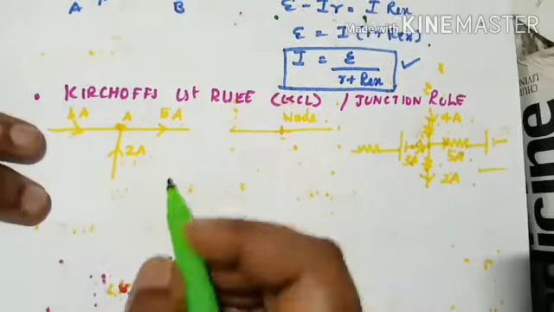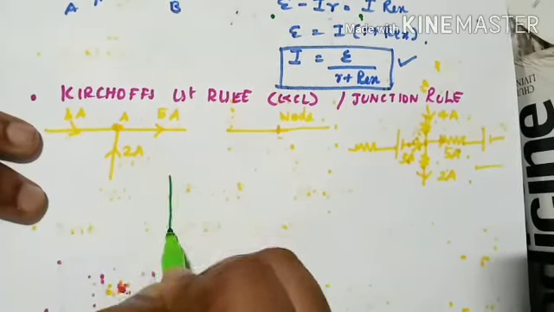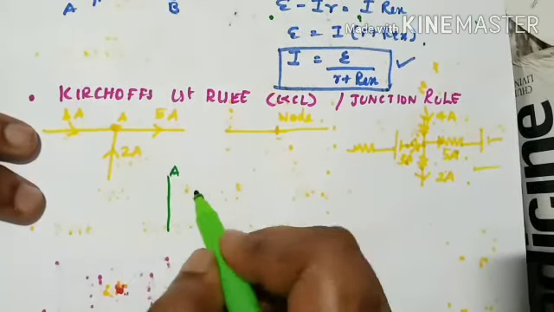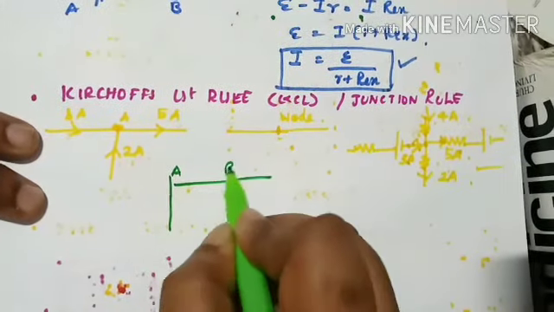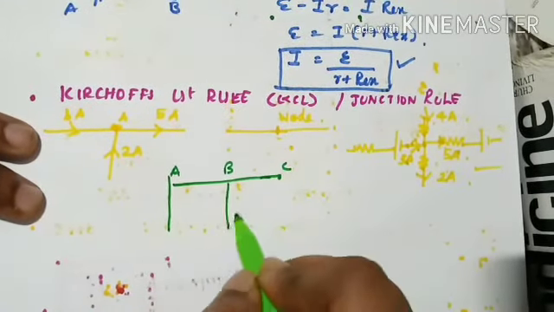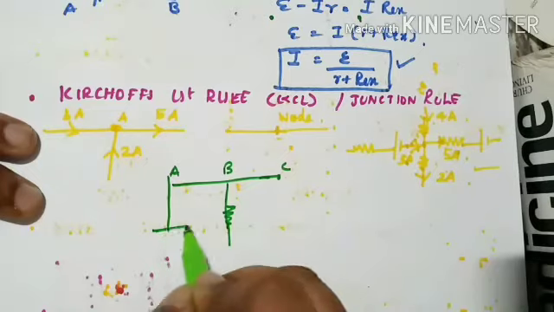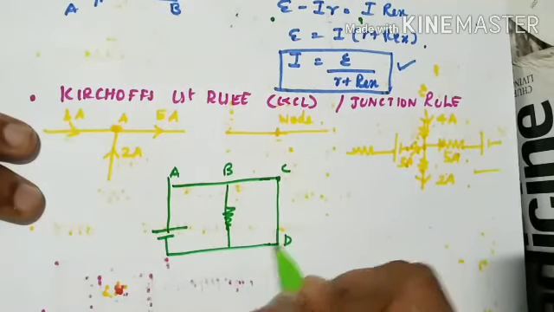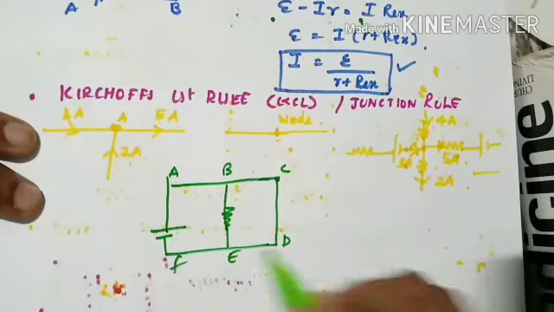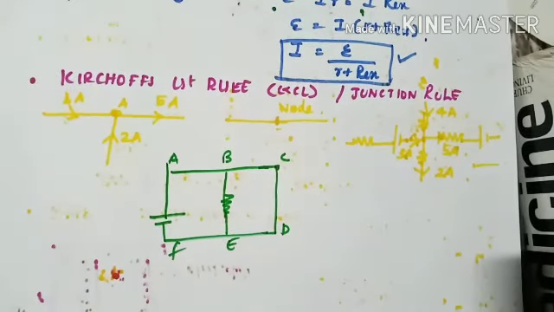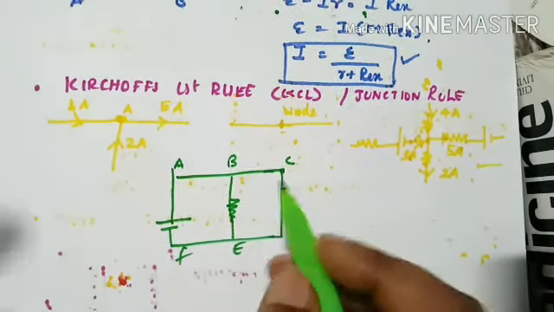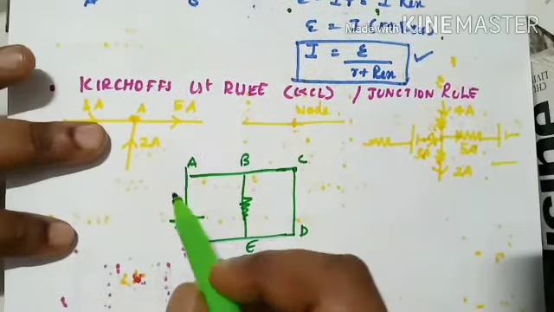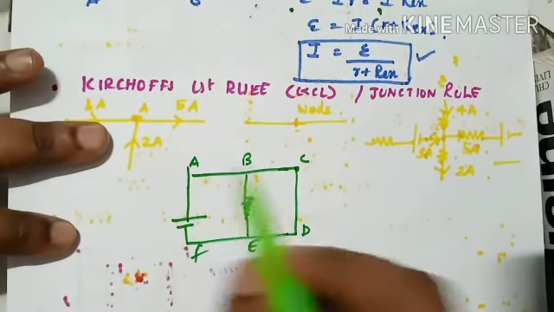Suppose I'm going to draw a circuit like this. This is your A terminal, B and C. Let's make it like this. And there is a resistor here. Let's make a supply here. Simple circuit, right? So that's D, this is E, and this is F. Out of this, which is a junction? Is A a junction? No, it is not. C?